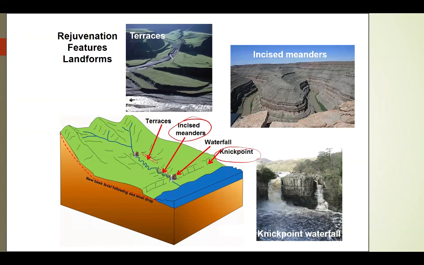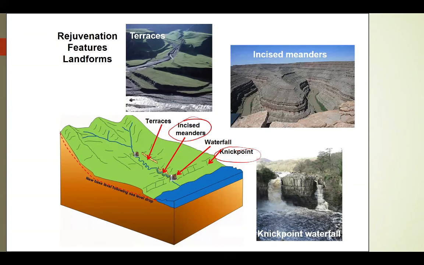The meanders are going to become deeper. So once the river becomes deeper, we say the meanders are incised or entrenched. A trench is a hole. So this is a meander in a hole. So the evidence of river rejuvenation is incised meanders or entrenched meanders.